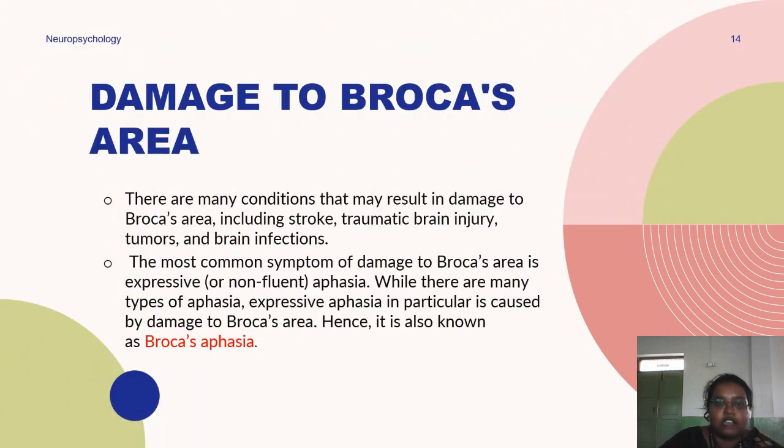Damage to Broca's area may cause many conditions that may result in a person's inability to produce speech. There are many conditions that may result in damage to Broca's area, including stroke, traumatic brain injury, tumors, and brain infections. The most common symptom of damage to Broca's area is expressive or non-fluent aphasia.